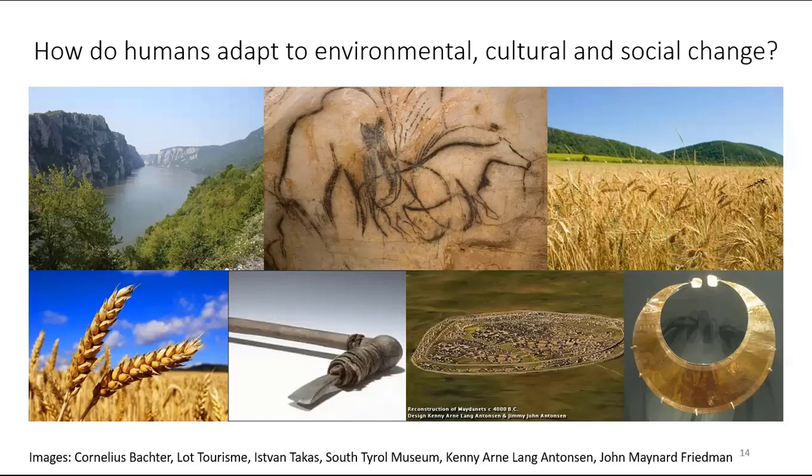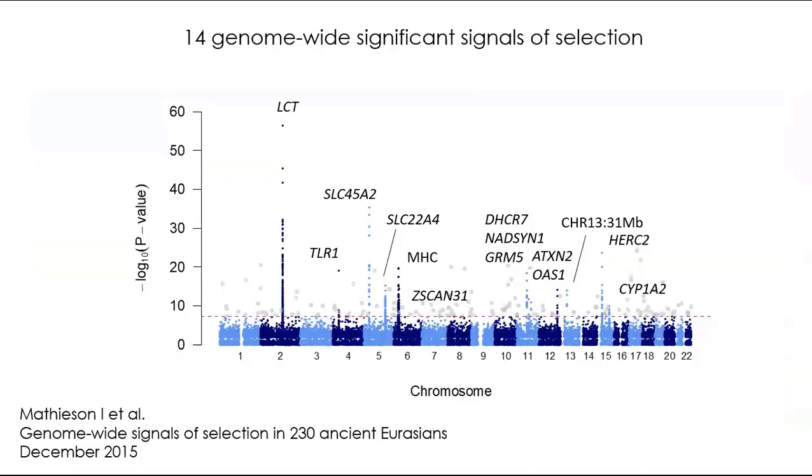Okay, so what can we say about our own genomes based on understanding how we evolved? We started this project a long time ago, and this is the first paper we published in 2015, looking for signals of natural selection in the genome over the past 8,000 years. This is the time period encompassing the agricultural transition and the Bronze Age transition.